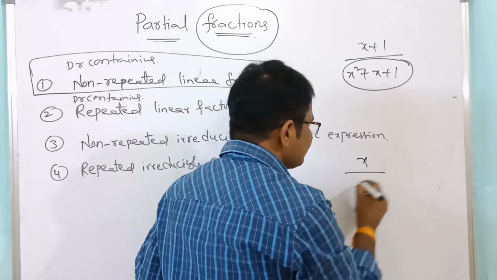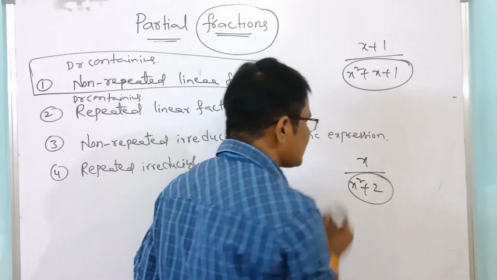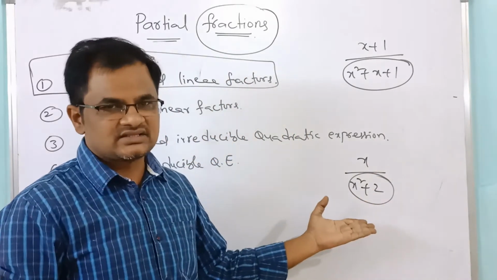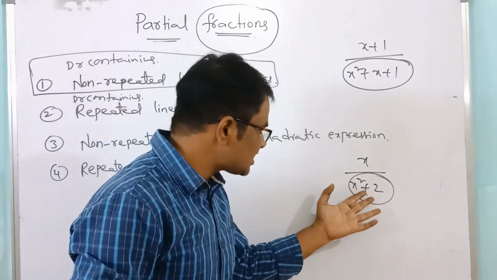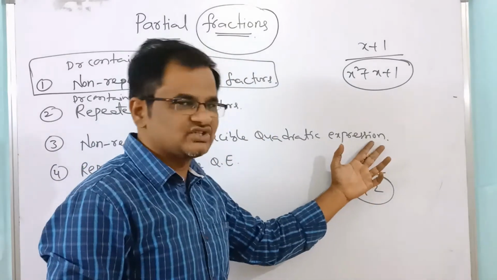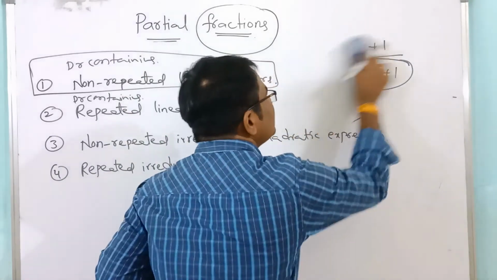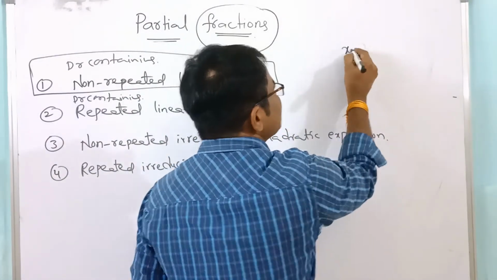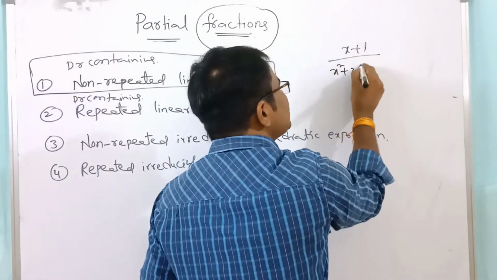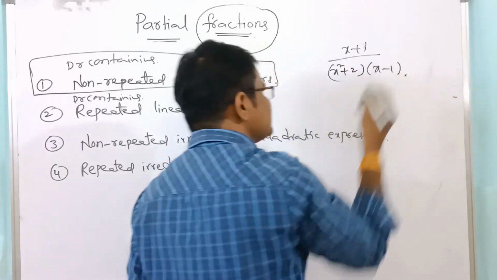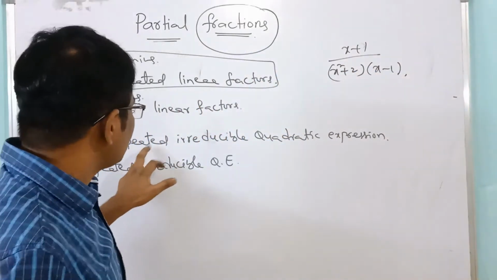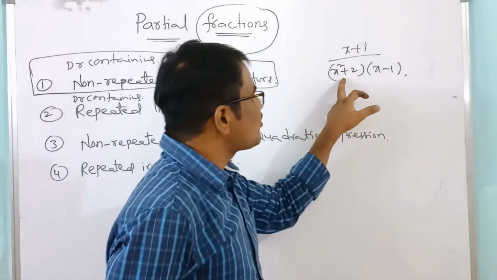Or x by x square plus 2. For this one also there is no factors. That type of expressions are called what? Irreducible quadratic expressions, right? Next, like this, suppose x plus 1 by x square plus 2 into x minus 1 is there. So denominator containing non-repeated irreducible quadratic expression.